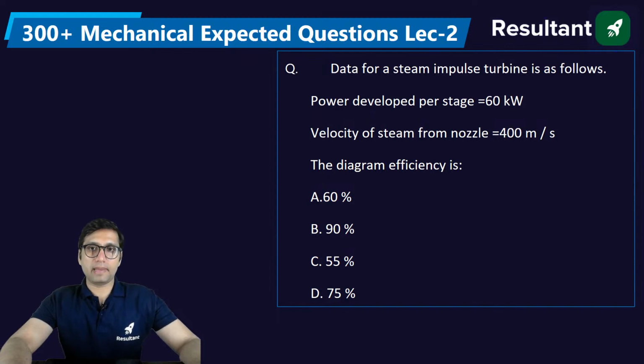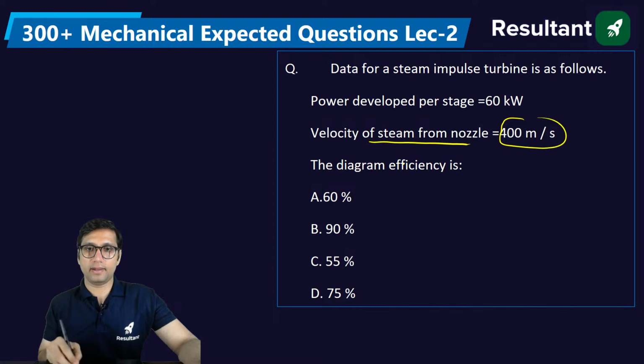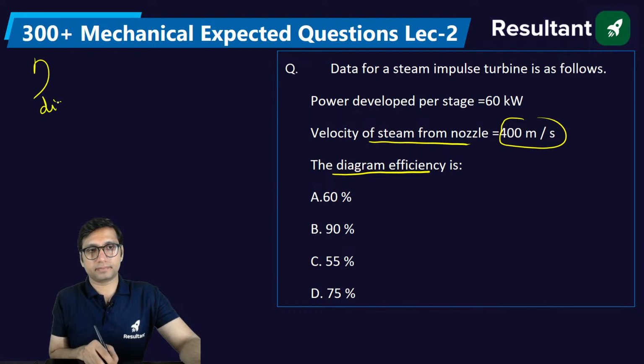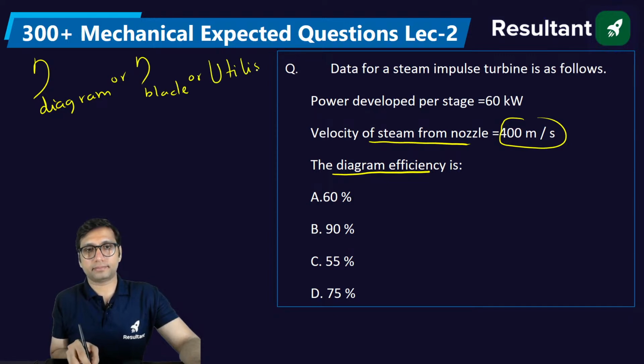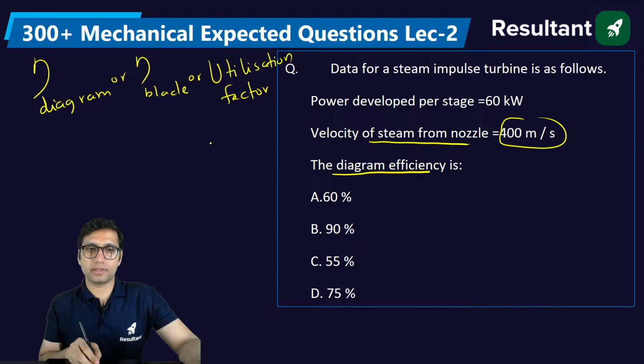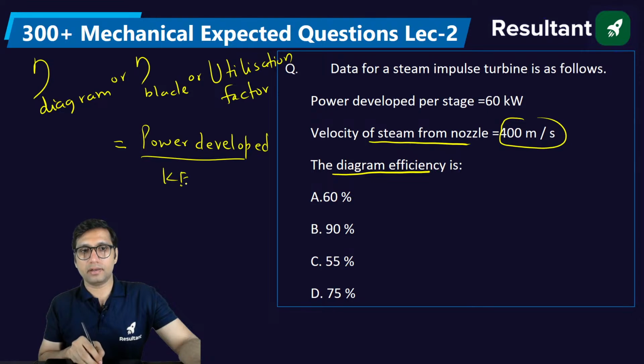Data of a steam impulse turbine is as follows. Power developed per stage is equal to 60 kilowatt. Velocity of the steam from the nozzle is 400. You have to find the diagram efficiency. What is diagram efficiency? Diagram efficiency is also called blade efficiency, or utilization factor. The formula is the power developed divided by the kinetic energy per second.